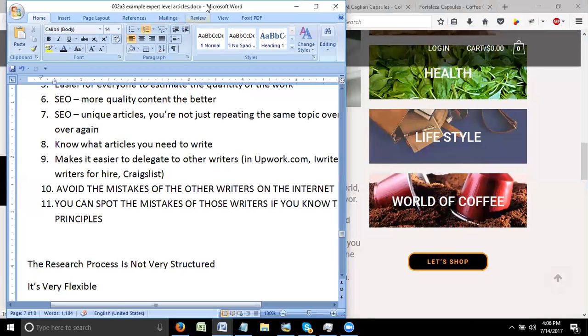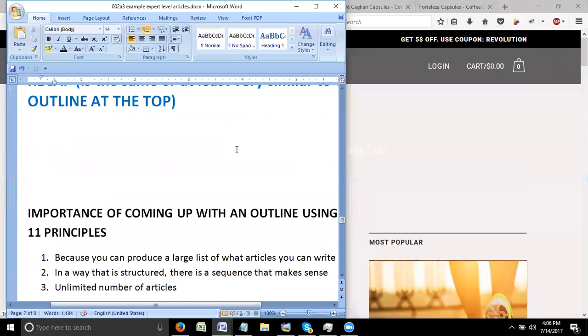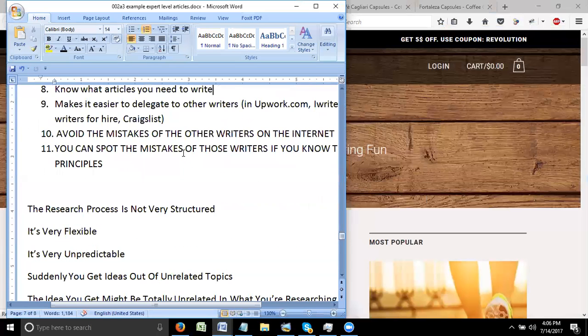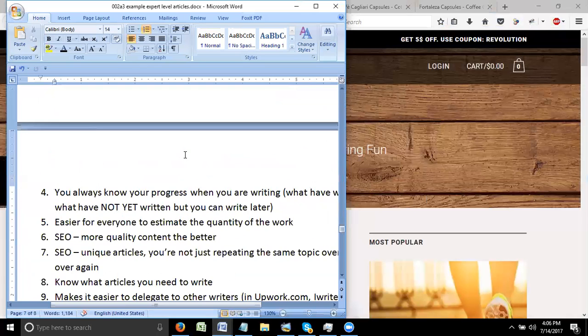So by now we have a pretty long outline, but actually if I continue on this for the next hour or two, I can even make this outline longer.